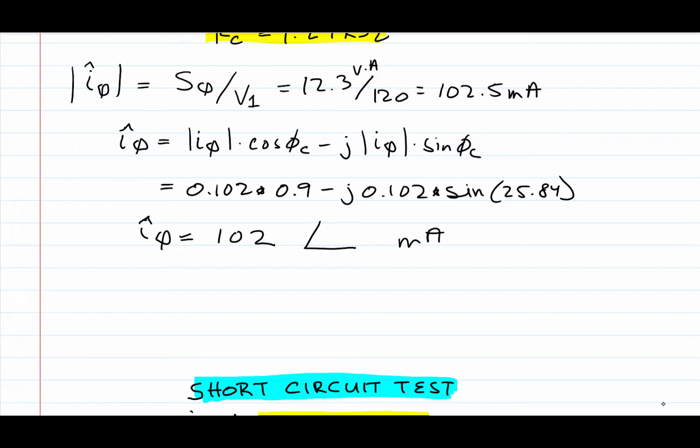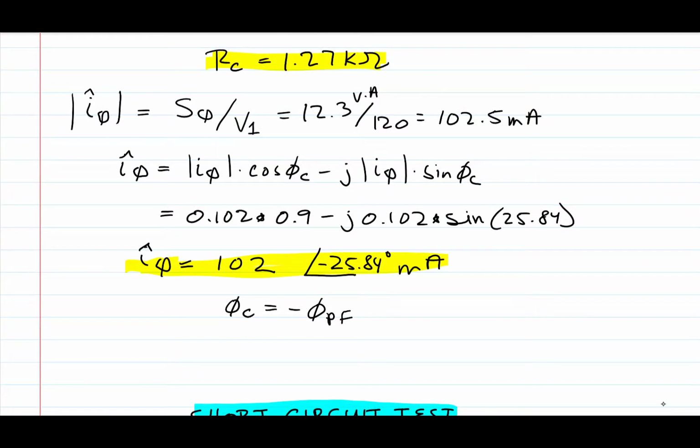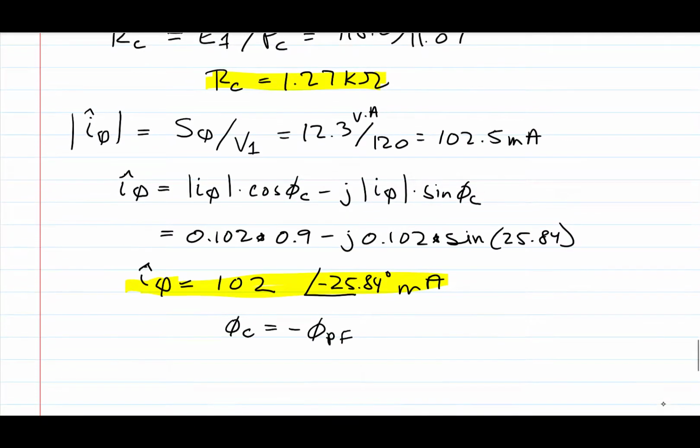And we already know that it's whatever we would call the power factor angle. So remember, without having to calculate it, because we've already found phi sub c, that's equal to the negative of the power factor angle. So it's negative 25.84 degrees. So we have everything that we can get out of our open circuit test.